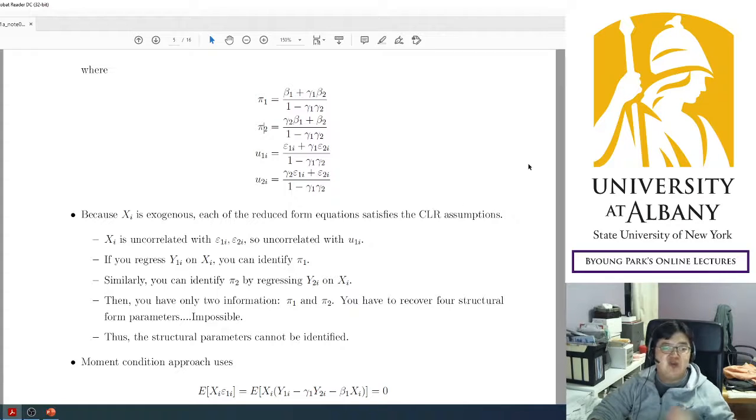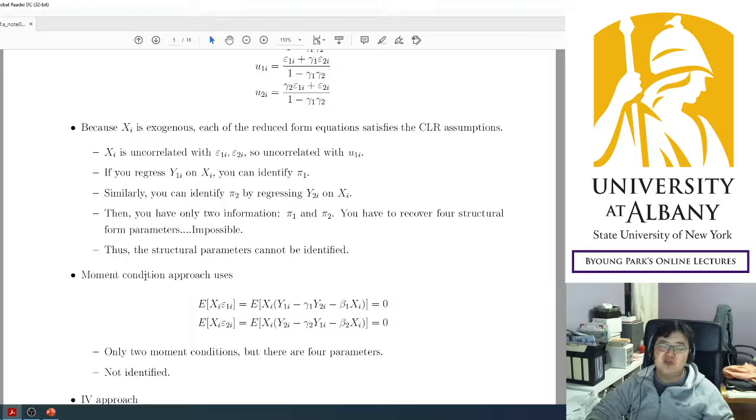And you may approach this conclusion in different ways. Another way you can think about it is the moment condition approach, which I recommend because it is the most general and maybe most intuitive when the model becomes more complicated.